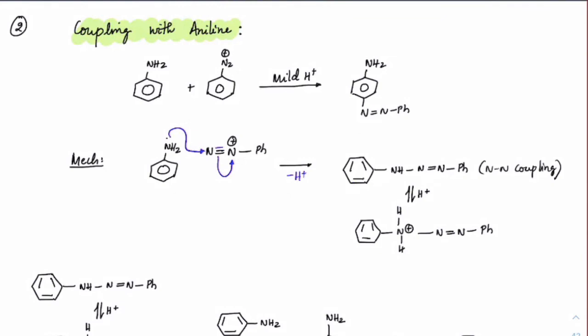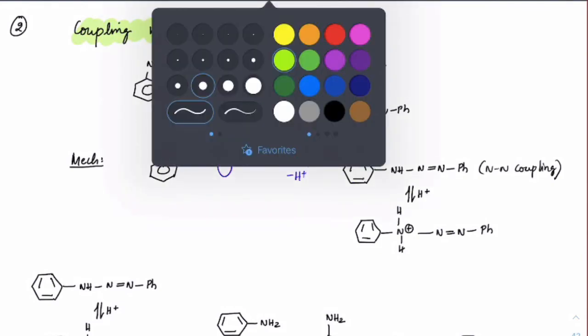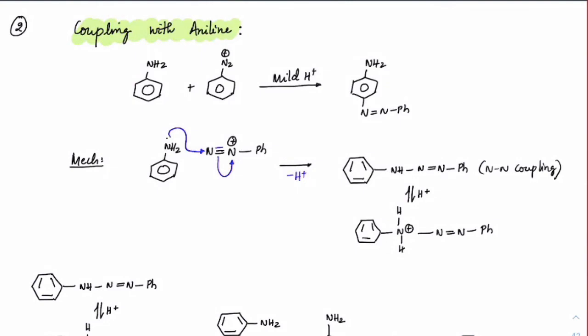If you observe carefully, we have N and N coupling happened here. Check this carefully. First we had N and N coupling. Now if the acidic character is increased, that means acidity is increased, the lone pair present on this nitrogen will accept that H plus, and it would become the anilinium form here, and this anilinium form is still connected to N double bond N and Ph.